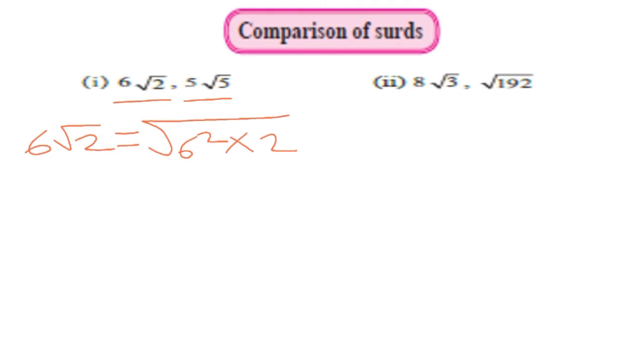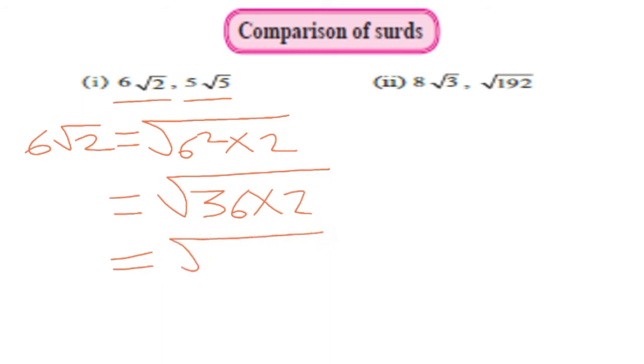If we take it inside the square root, its square will be taken, means 6 square into 2 is equal to 6 square is 36 into 2, and 36 into 2 is 2 6 is 12, carry 1, 2 3 is 6 plus 1, 7, means root of 72.